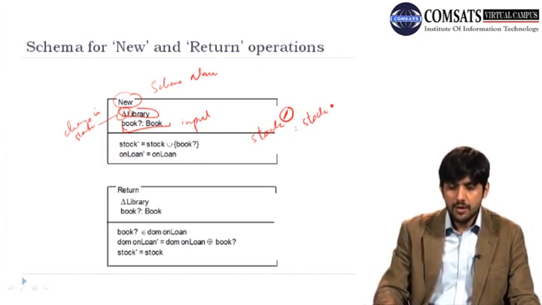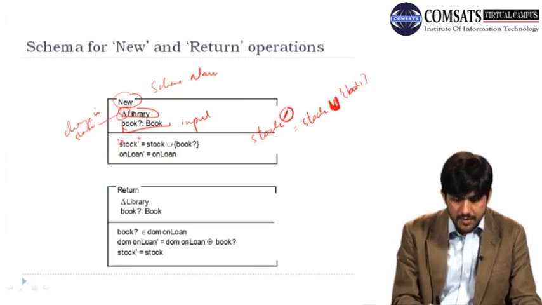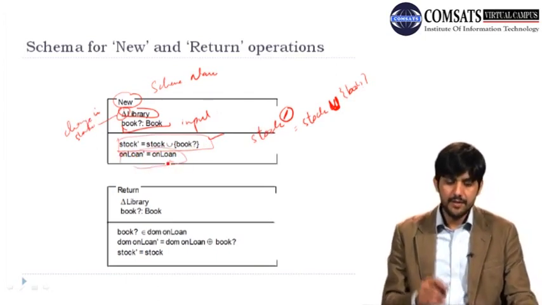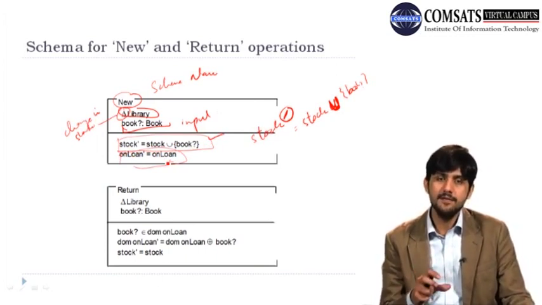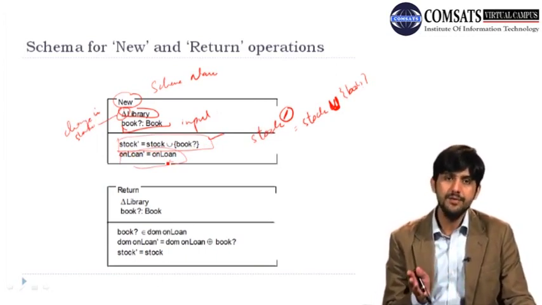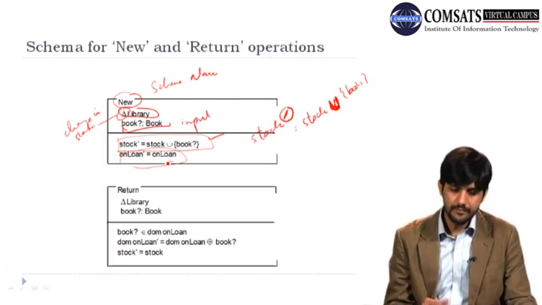And what will be my new stock? It's a union of this input book. So this is my new state, whereas for my on loan state, there is no change here. It is always a good idea to specifically mention that if a certain state is not changing, then you just say that the new state is the same as the previous state.